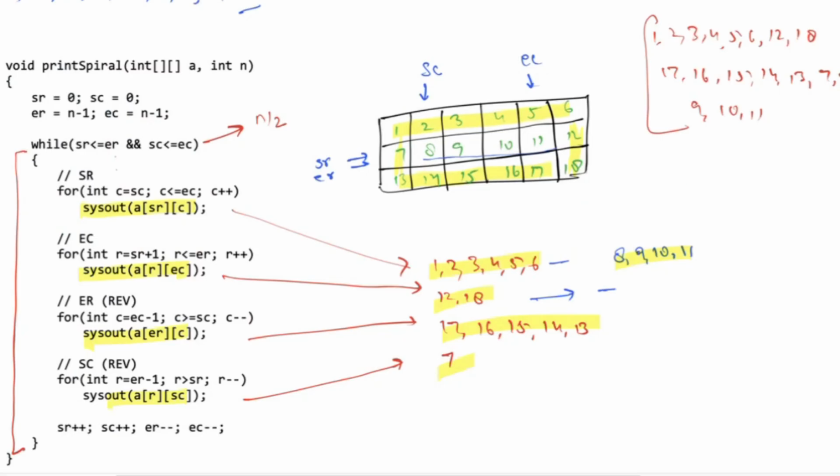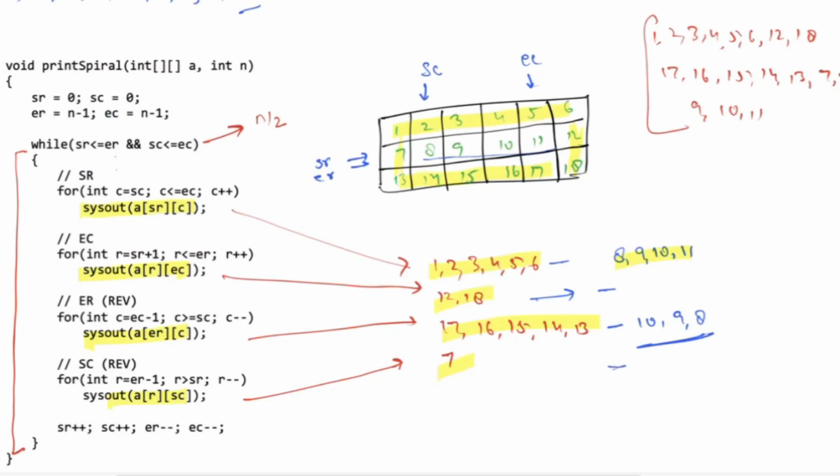What will be the output of the third for loop? It will print the last row in reverse order. So it will print 10, 9, and 8. And then the fourth loop will print nothing, right?